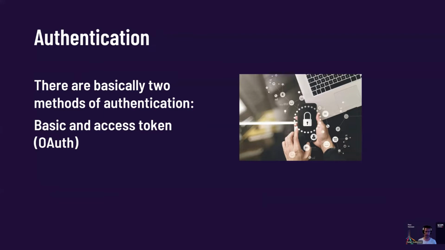Usually there is pretty good information on the vendors' websites on how to authenticate to their specific APIs. But once you understand the authentication part, you're pretty much on your way to getting information out of the APIs.